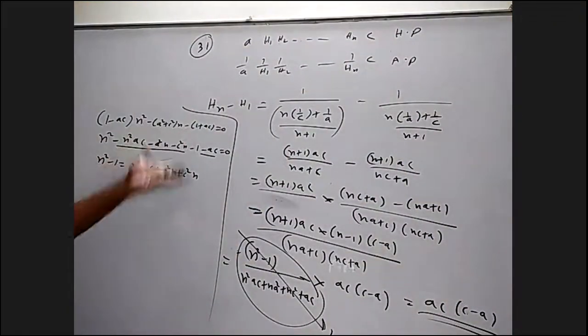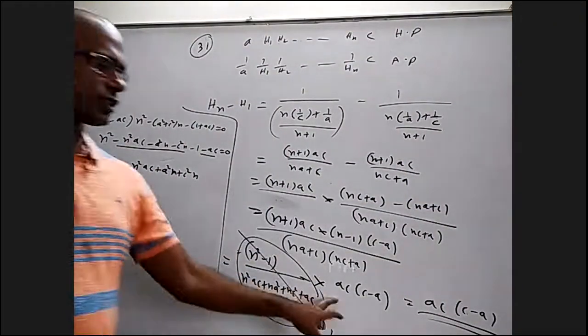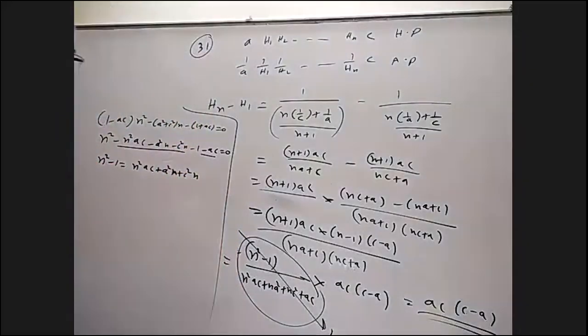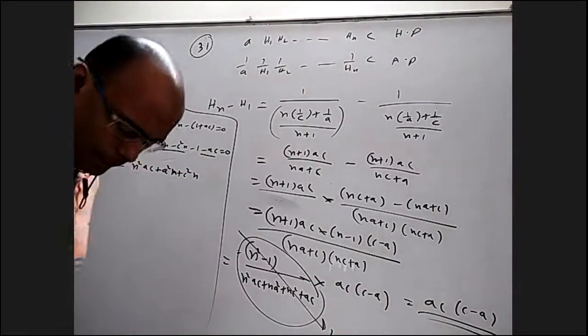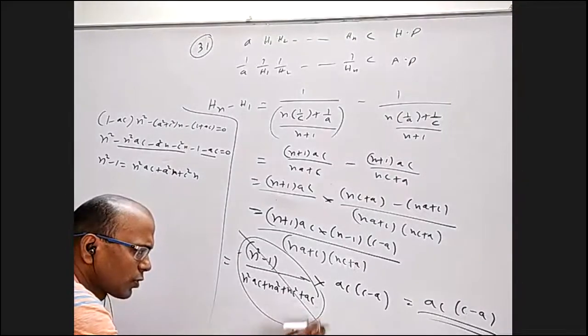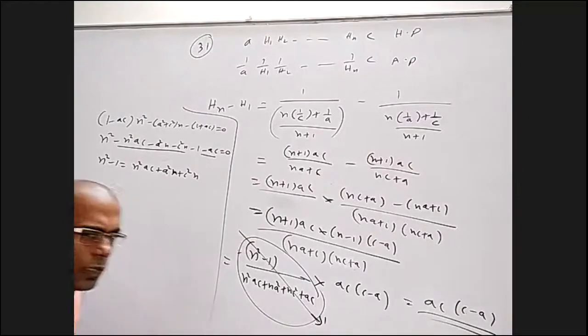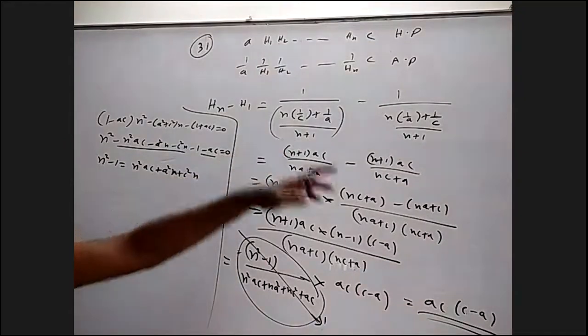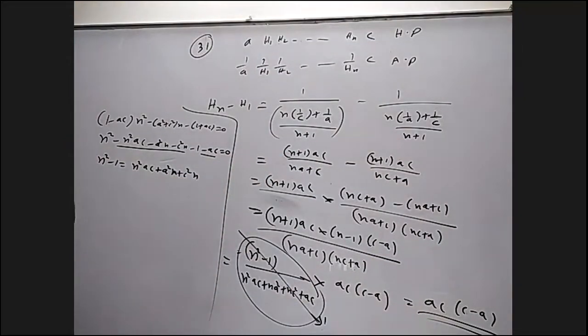You can give that also and say this is 5 AC into C minus. Okay, so nothing so great. Especially when you try these questions on your own, the advantage will be you are using nth harmonic mean, first harmonic mean so many times that in the future also you'll be able to write quickly.